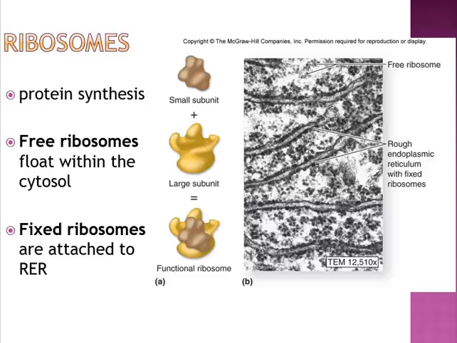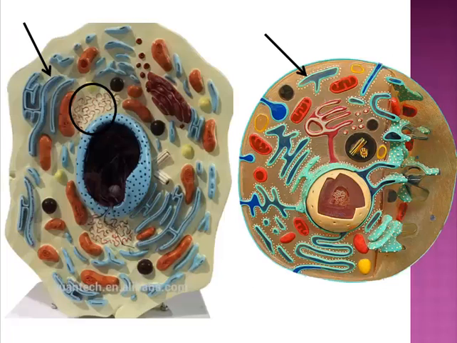So let's talk about our ribosomes. Our ribosomes are the sites of protein synthesis, and they may be bound to the ER, so these are your fixed ribosomes. If you find ribosomes that are just floating in the cytoplasm, these are going to be your free ribosomes. So let's look at this model.